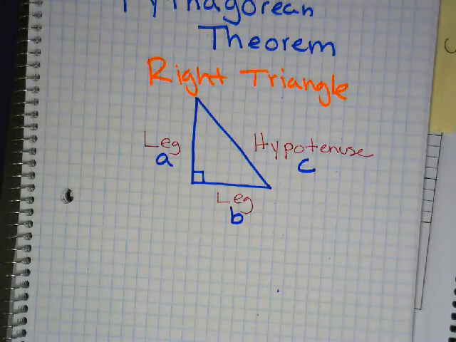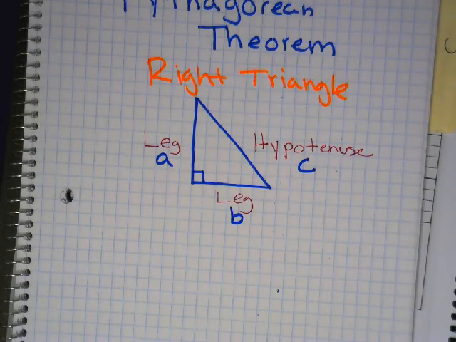And then people were like, yeah, sure, we can handle A, B, C. So your legs are always going to be called A or B, and your hypotenuse will be called C. A and B can be swapped because they're both called legs. So you can call the one that's like this B and the one like this A. But the hypotenuse C will always be C.